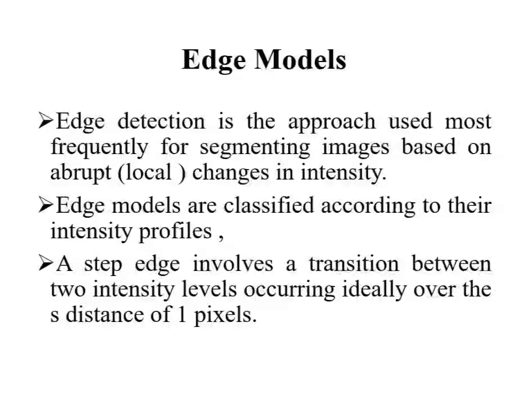The slope of the ramp is inversely proportional to the degree of blurring in the edge. In this model, we no longer have a thin 1 pixel thick path. Instead, an edge point now is a point contained in the ramp, and an edge segment would then be a set of such points that are connected.